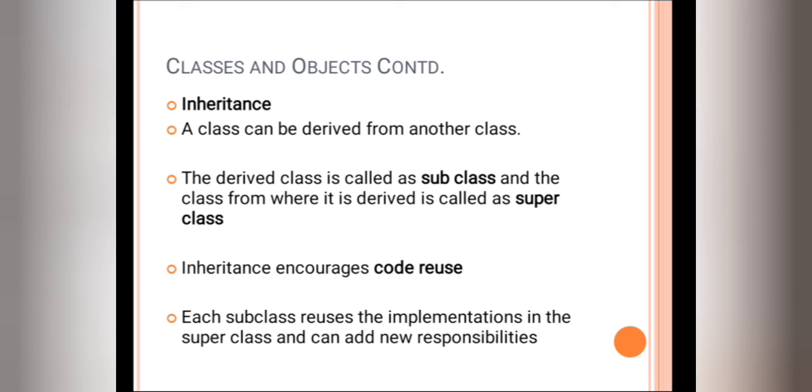All these classes belong to superclass chair because they share some common properties with the superclass. Hence, office chair is a class derived from class chair. So class chair will be superclass and office chair will be subclass. So in inheritance, a class can be derived from another class and it will inherit the properties of the superclass.